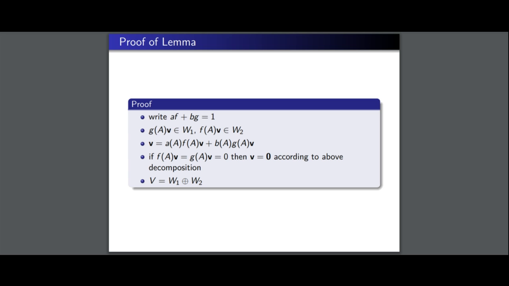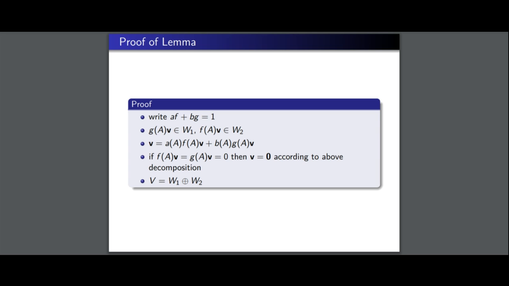Yeah, so if a and b are both polynomials, when we plug in A, we get a of A times f of A and b of A times g of A. But the point is, when we multiply by g, the a doesn't matter anyways.